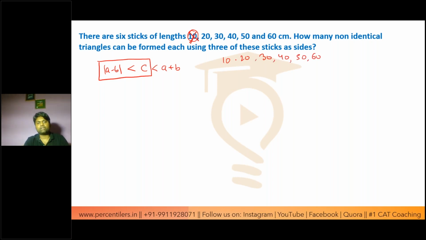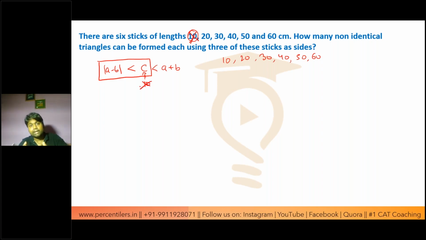The difference between any two numbers is at least 10. The difference between any two numbers is minimum 10. If the difference is 10 or more, how can any side be 10?